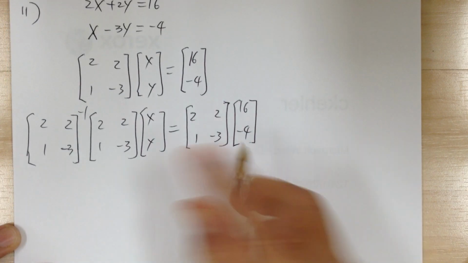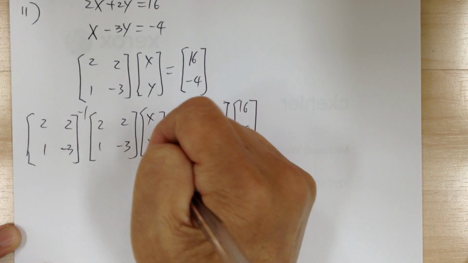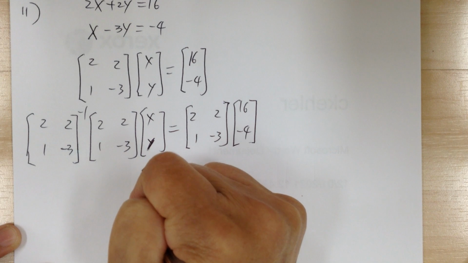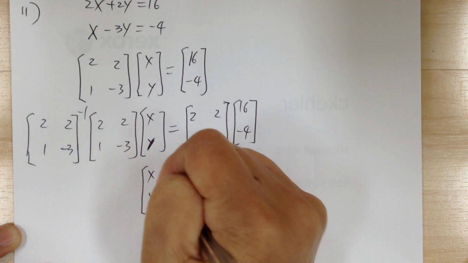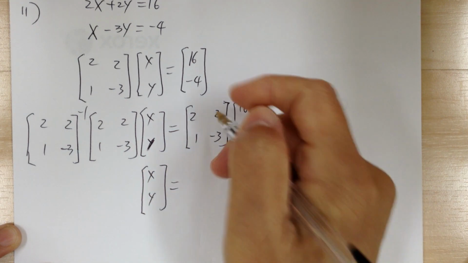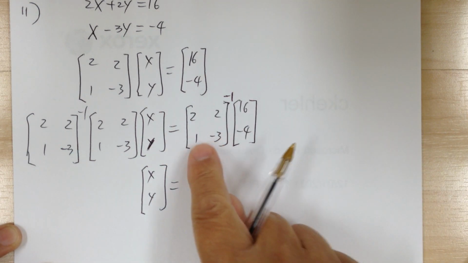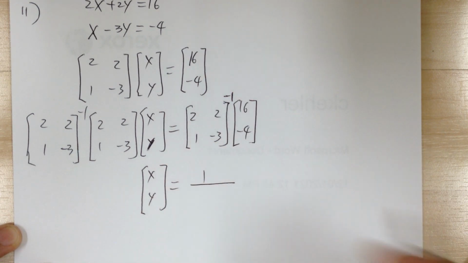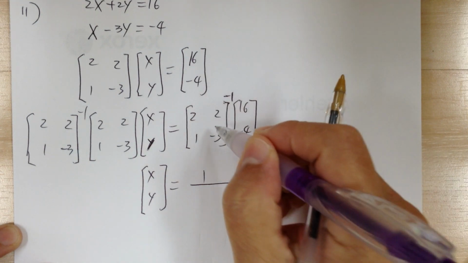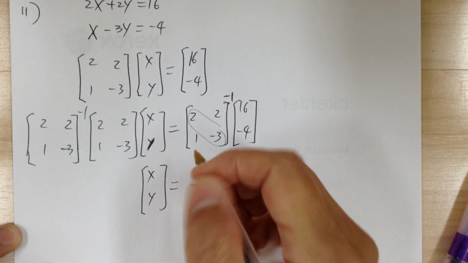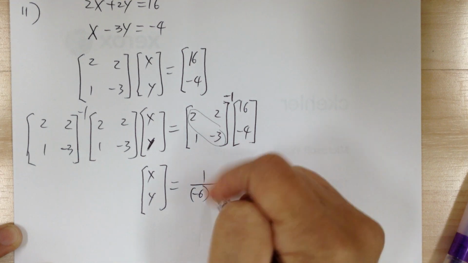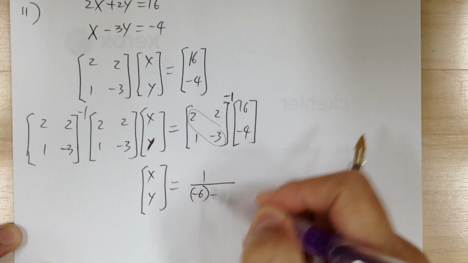Okay, so now this will cancel out, and that's the reason for doing the inverse. Now we have to do the inverse of this, so it will be 1 over det. So it will be negative 6. Again, use parentheses. It helps you to keep track of things.